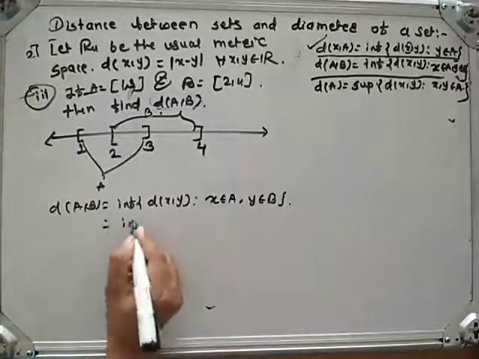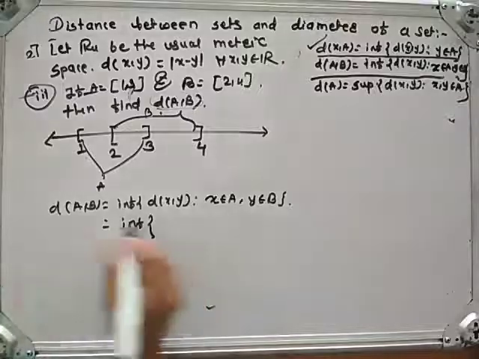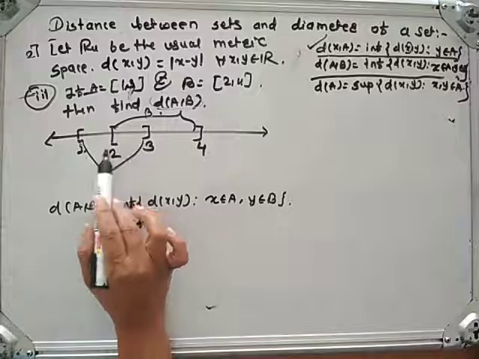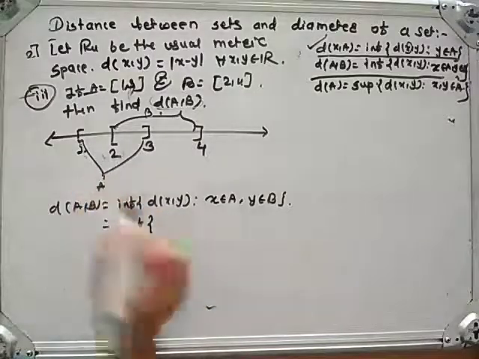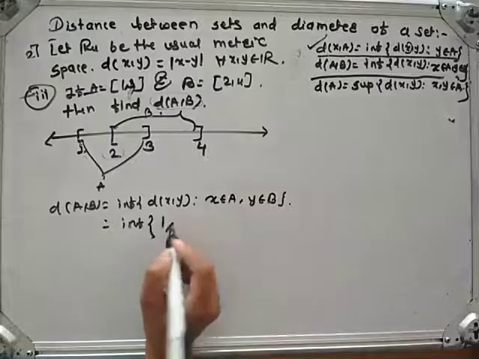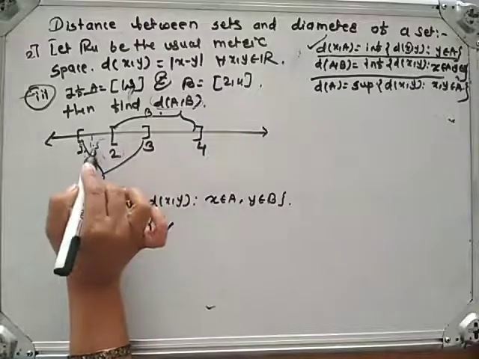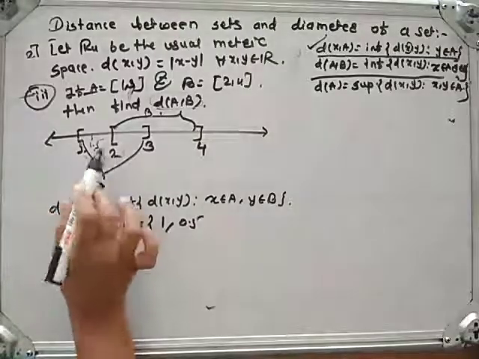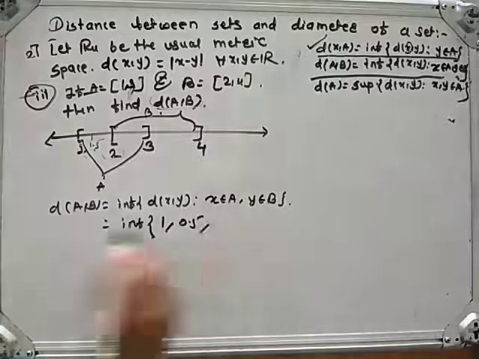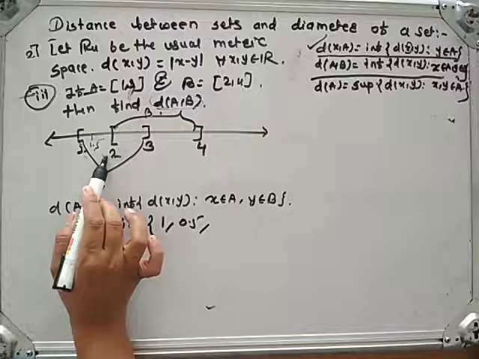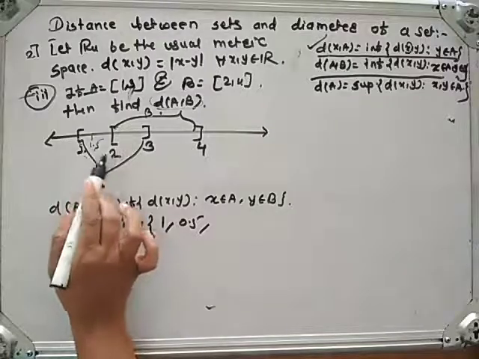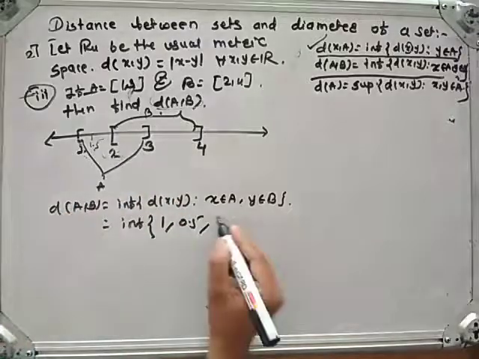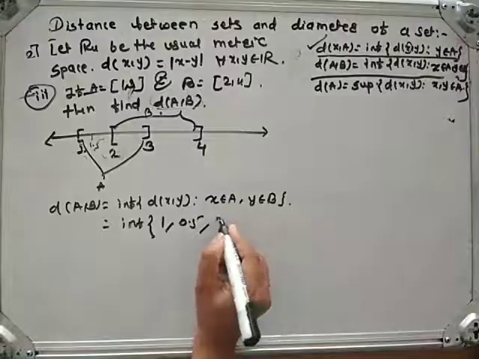See here, if you take 1 from set A and 2 from set B, then the distance between 1 and 2 is 1. If you take 1.5 from this set and 2 from this set, then the distance between 1.5 and 2 is 0.5. If you take 2 from here, observe that 2 belongs to A as well as 2 belongs to B, then the distance from 2 to 2 is 0.